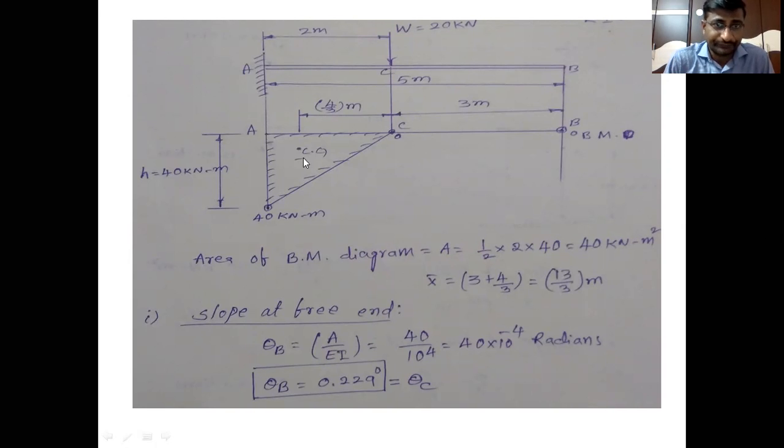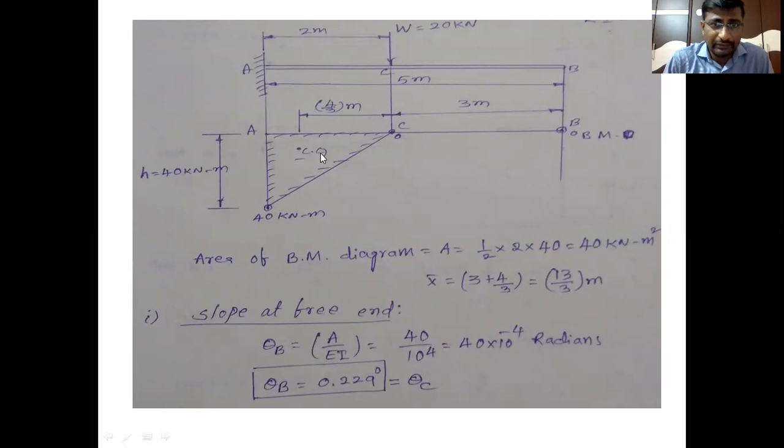And X bar. What is X bar here? Here if you want to find the deflection at point B, you have to take the distance of CG of bending moment diagram from the end point. If you find the deflection at point C, then you have to take the distance of CG from this point.